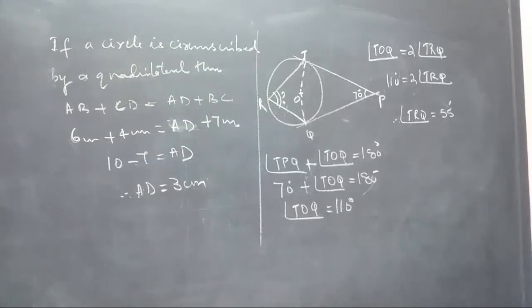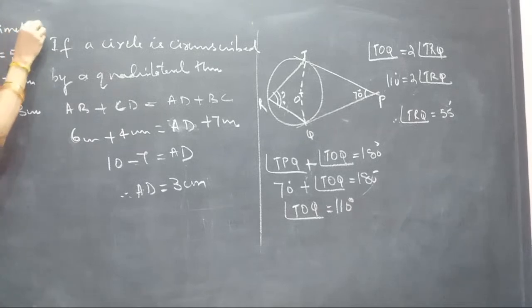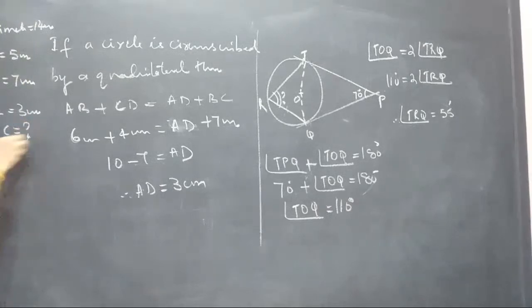It is B, C, A, its center O. AB equals 5 centimeter. AQ equals 7 centimeter. CR equals 3 centimeter. And perimeter equals 14 centimeter. AC question mark.